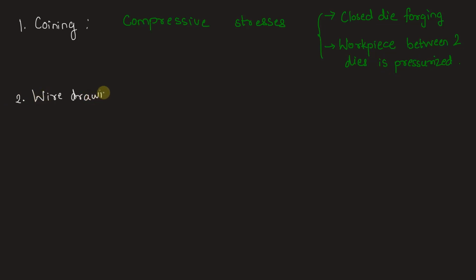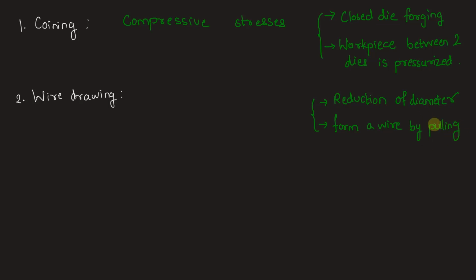Second one, that is wire drawing. Again, as the name suggests, drawing is a process where a workpiece is being pulled out from both ends in order to reduce its diameter. So this is nothing but a reduction of diameter of the workpiece in order to form a wire, and this is nothing but pulling from both ends.